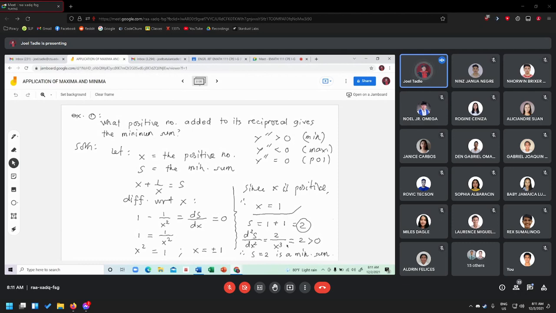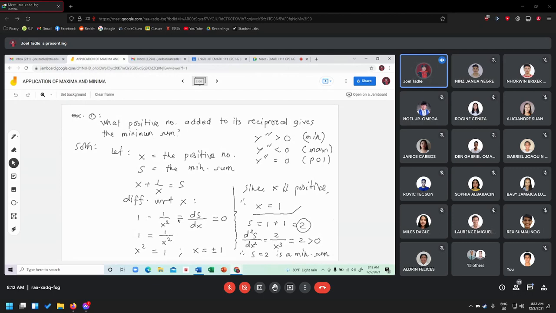Then to prove that this is true, we have to use the second derivative test. Differentiate again. Differentiate 1 minus 1 over x squared equal to ds over dx to get the second derivative. So d squared s over dx squared is equal to 2 over x cubed. The derivative of the constant 1 is 0.